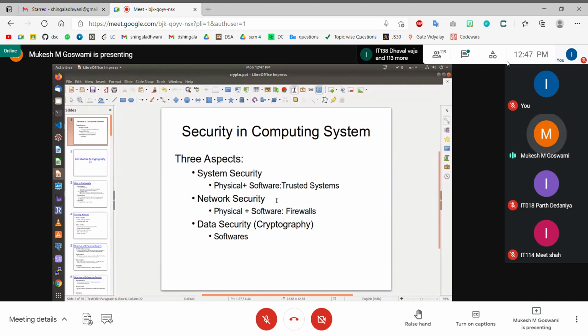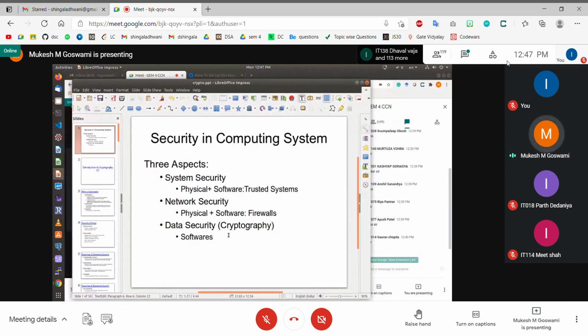And the third aspect is called data security. Suppose anybody is able to connect to your network and anybody is able to capture the data, but we are making sure that the data is in such a form that only the intended receiver is able to interpret it. Even if somebody is able to connect to our machine, even if somebody is able to connect to our network, even if somebody is able to capture our data, they are not able to read it because the data is not in a readable format.